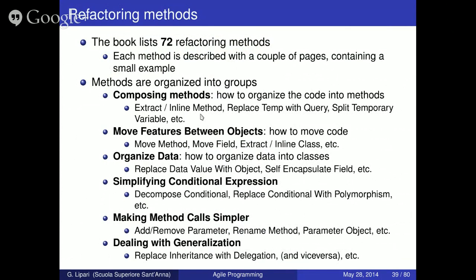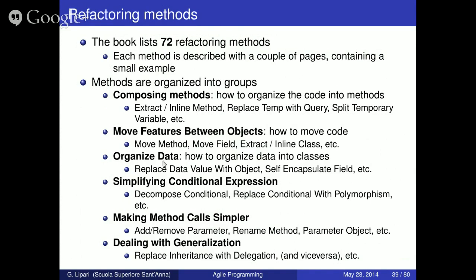So you have extract method or inline method, or replace temp with query, or split temporary variable, and so on. Then you have another group which is called move features between objects. And it's related to how to move code across classes and across source files. For example, you have move method, move field, extract class or inline class, and so on.